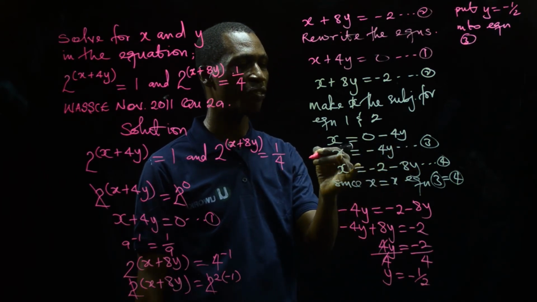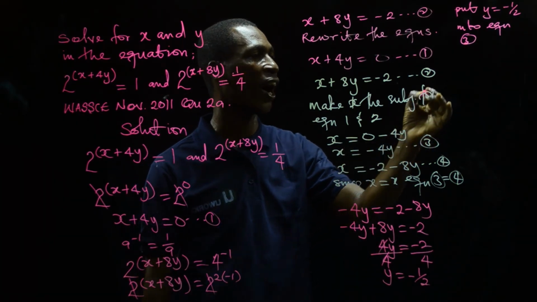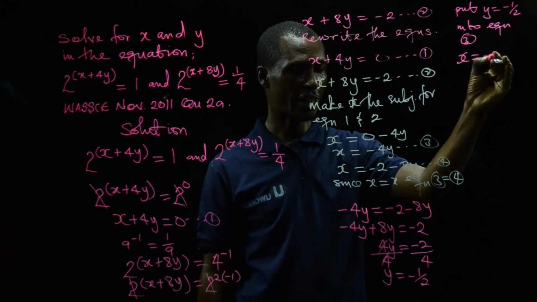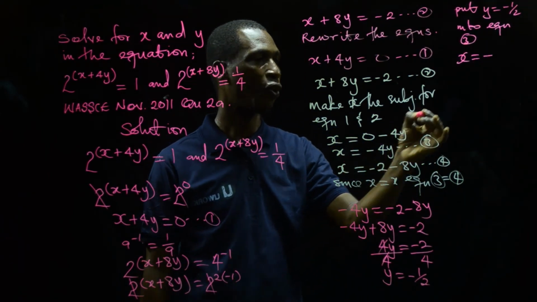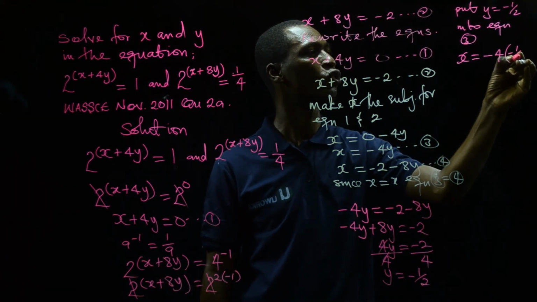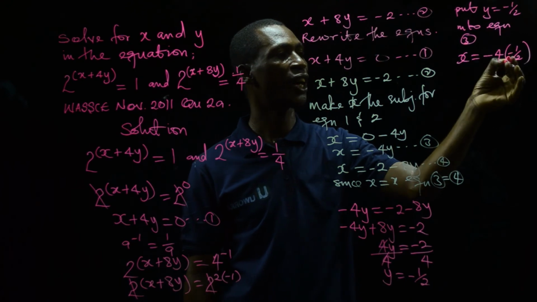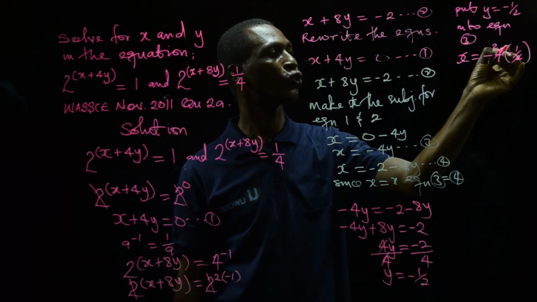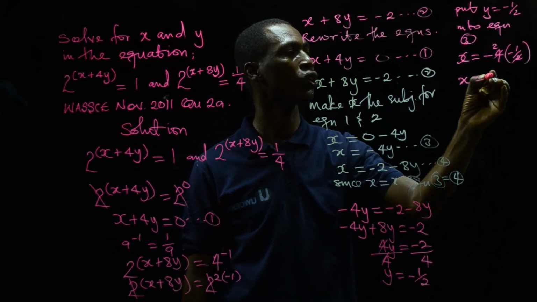Equation 3, as we have, is x equals negative 4y. So x equals negative 4, and I know y is negative 1 on 2. So negative times negative is positive. 2 goes into 4, 2. So x here is equal to 2.